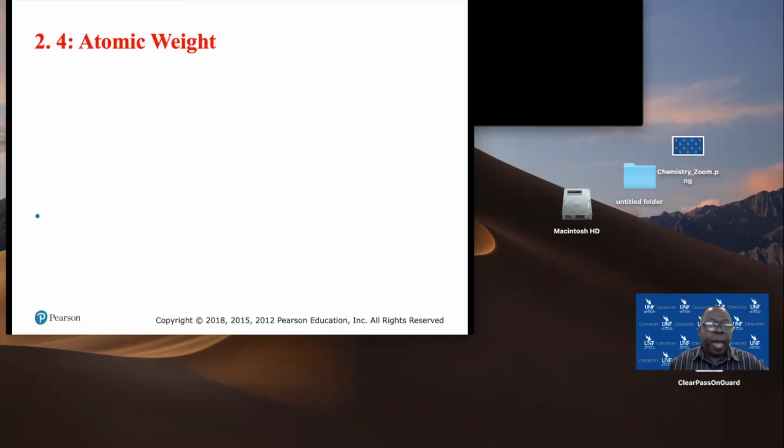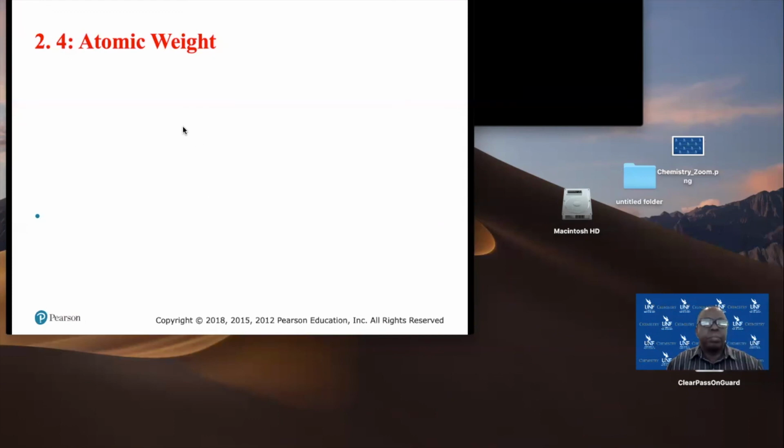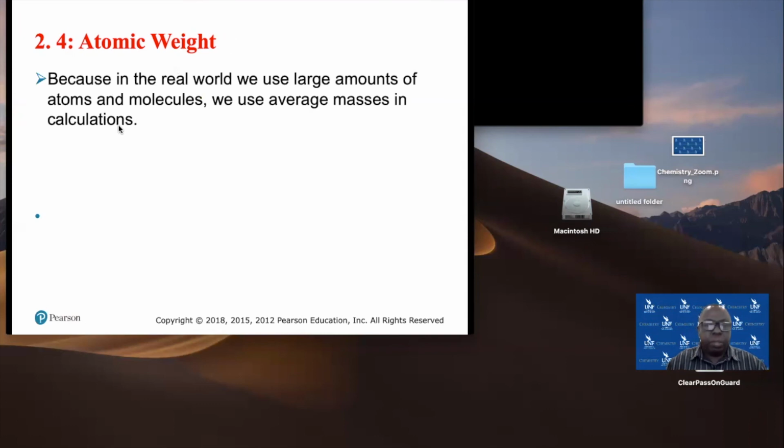Let's see how to calculate now the weight. What do we mean by atomic weight? Let me just write here. On the periodic table, I will use carbon again.